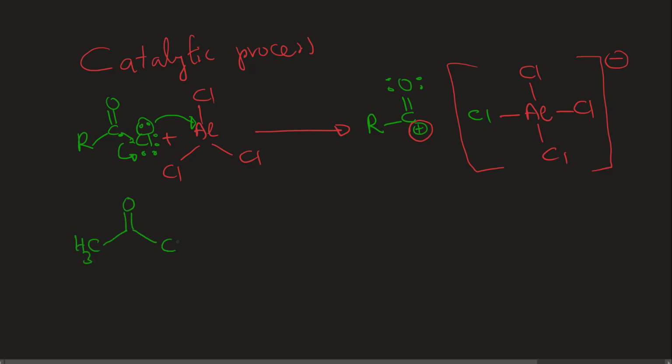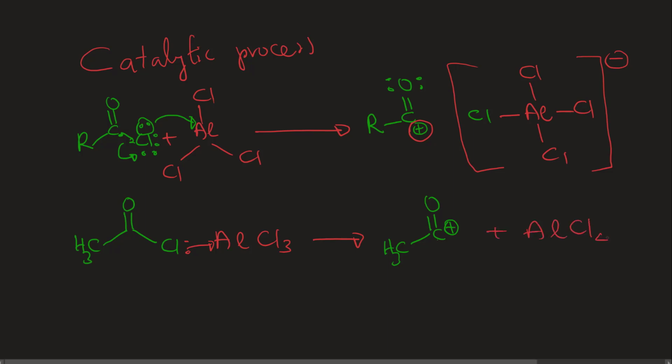Okay. Now let's redraw in a simplified version for the catalytic process. You have the acyl chloride, right? Then aluminum chloride comes near, electron deficient, and pulls a pair of electrons from the acyl chloride, making this CH3C double bond O, which is the acylium, or you can call it an acetylium as well.